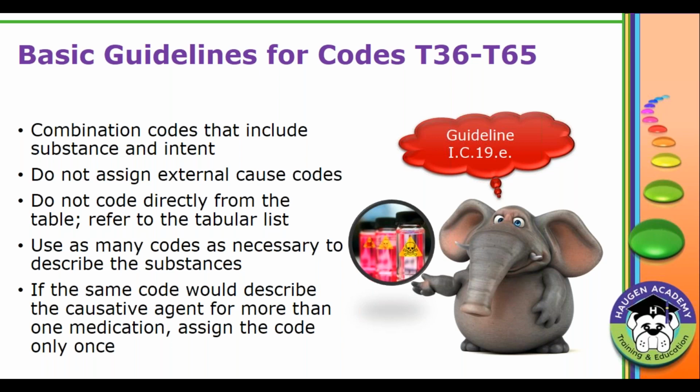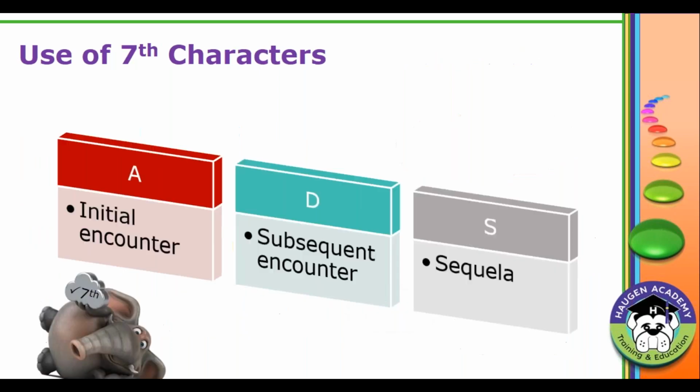For example, I've seen that with benzodiazepines. If a patient has a poisoning due to a benzodiazepine, there are 2 different named substances that both happen to code to the single poisoning benzodiazepine code. You only report every ICD-10 code once.